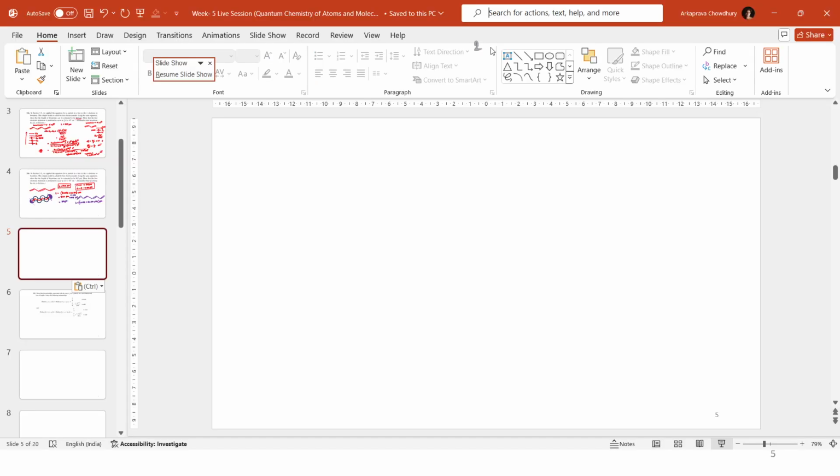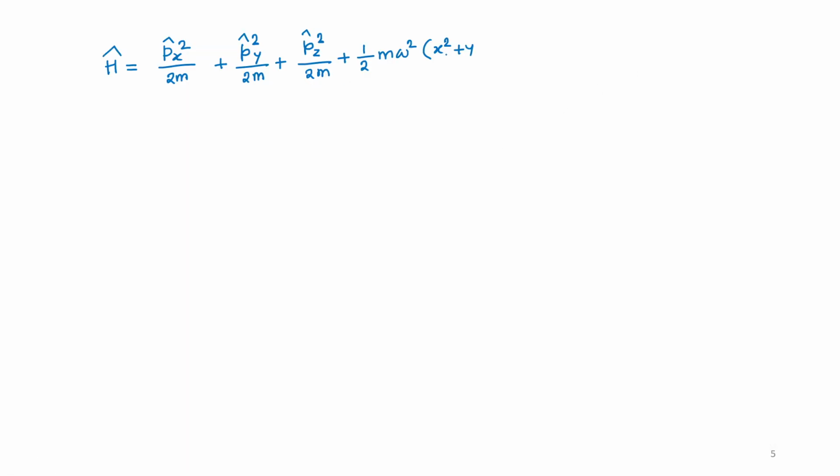So, three-dimensional harmonic oscillator, and the Hamiltonian is given as px square by 2m plus py square by 2m plus pz square by 2m plus half m omega square (x square plus y square plus z square), right?